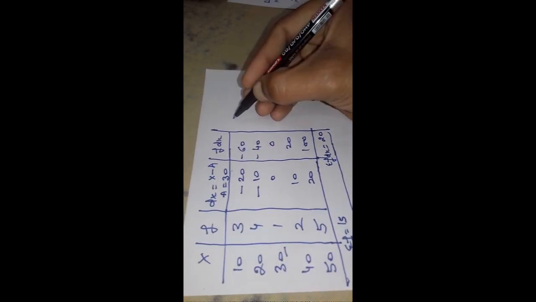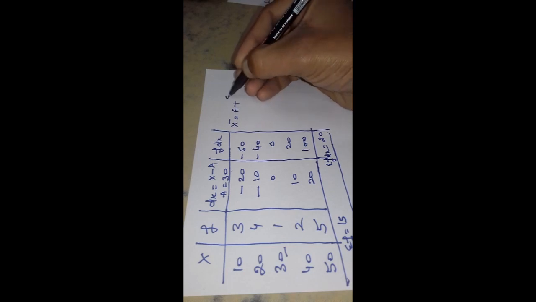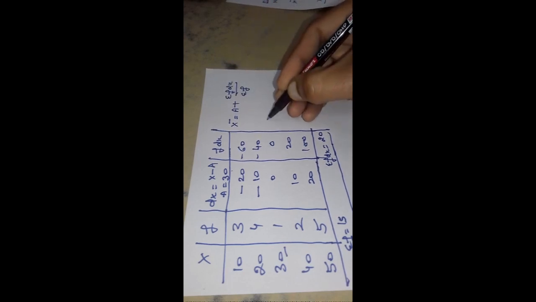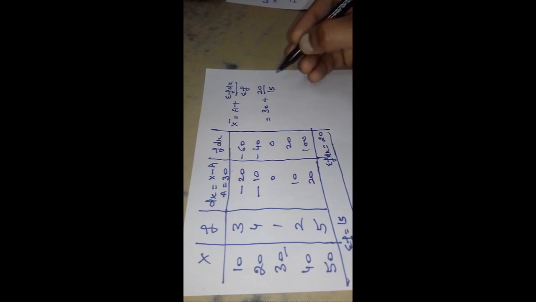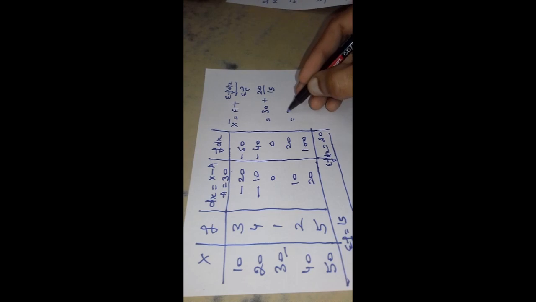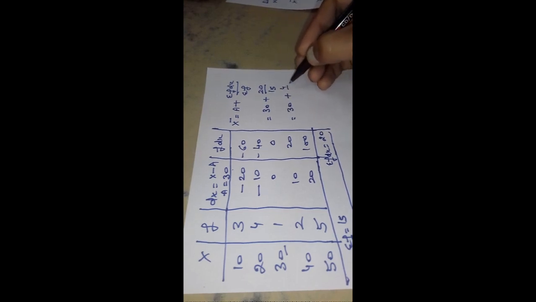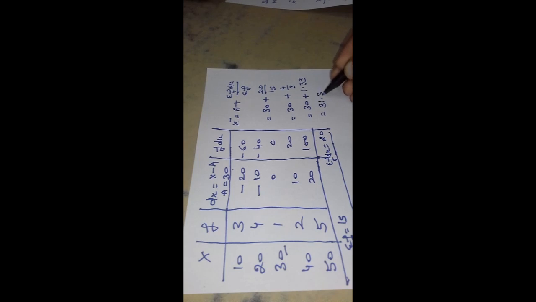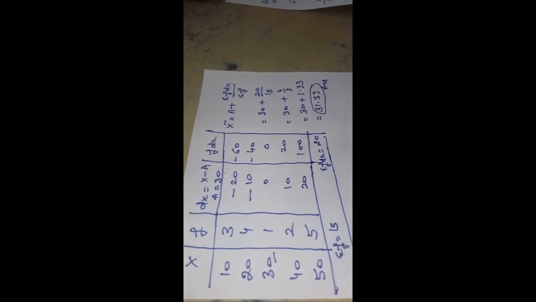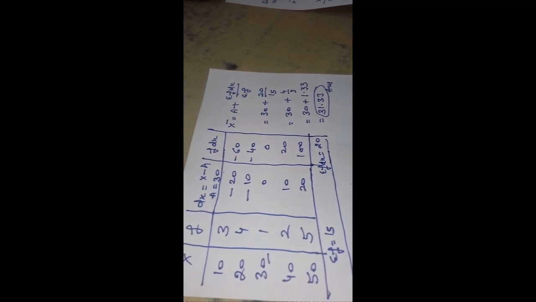So we got the values, and now put them in the formula: x bar equals a plus summation f dx over summation f equals, a is the assumed mean, that is 30, plus 20 over 15, equals 30 plus 4 over 3, equals 30 plus 1.33, that is 31.33, and this will be the answer.